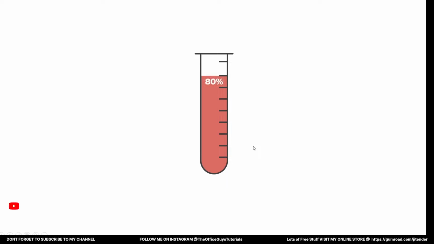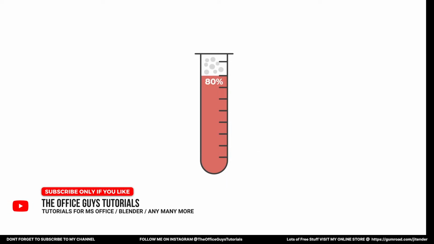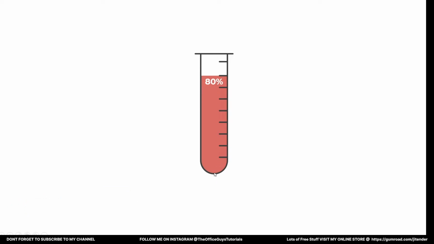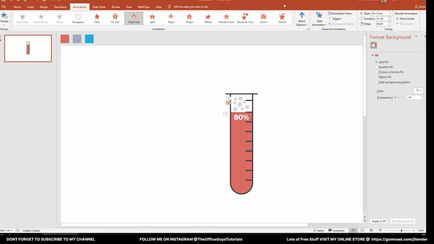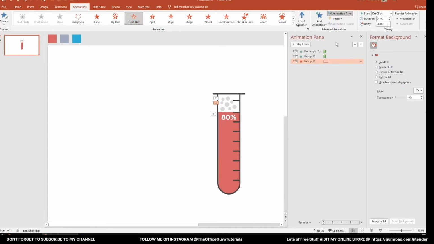So first click, the bubbles appear and they go out. Now next I want, as soon as the rectangle or the shape fills up, the bubbles should come automatically and wipe up automatically. So for that, let's come to the animation pane. You can see the wipe, then the group bubble, and then it floats out.